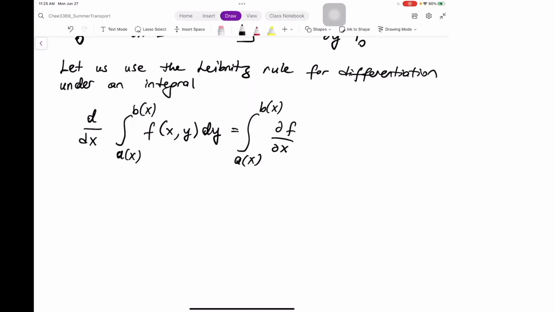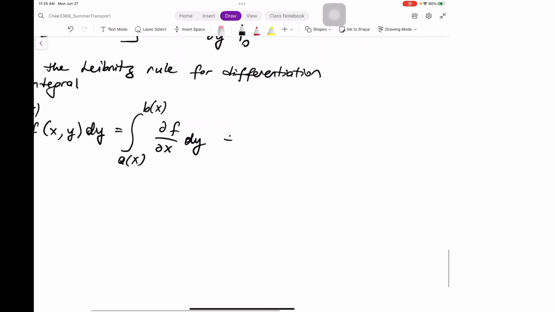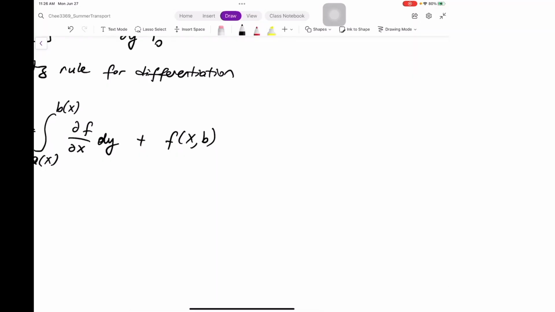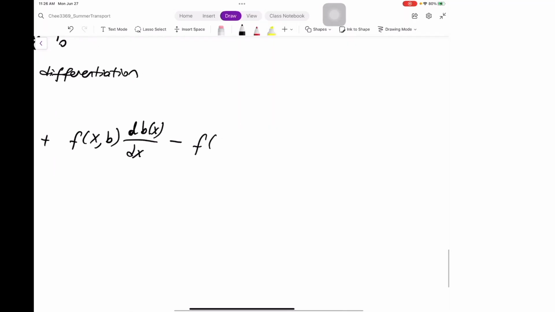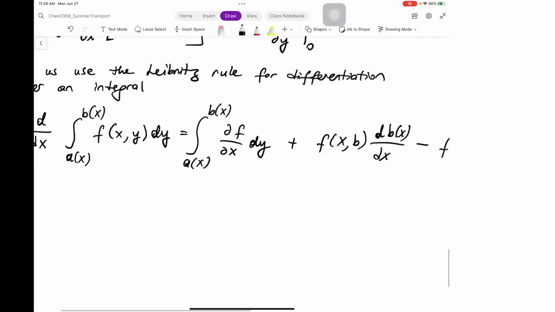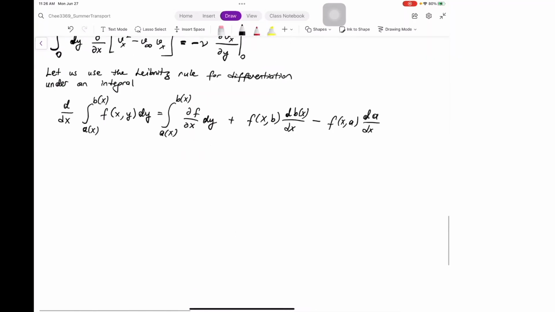Del f over del x dy, plus f of x comma b. Instead of y, you replace it by b. That's the first boundary, times the db over dx, minus the lower boundary, f of x comma a this time, a is a function of x, times da over dx. Okay, so that's the Leibniz rule for differentiation.